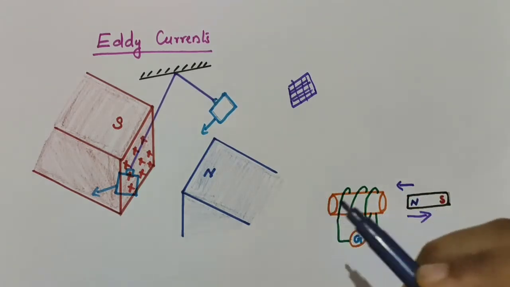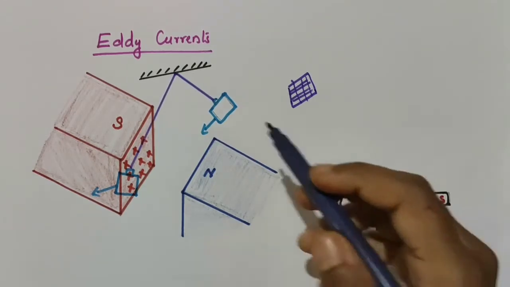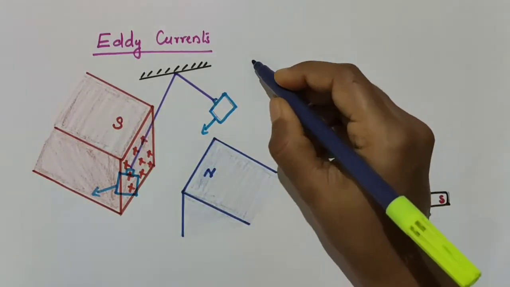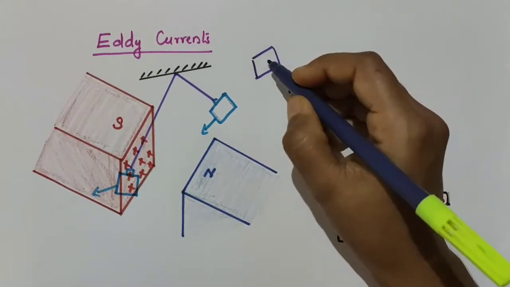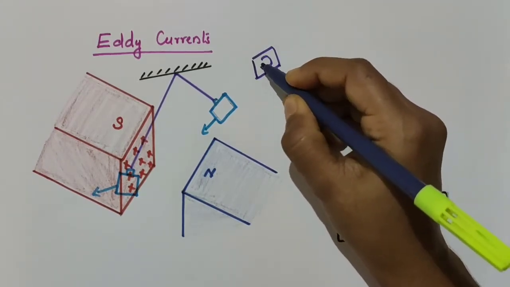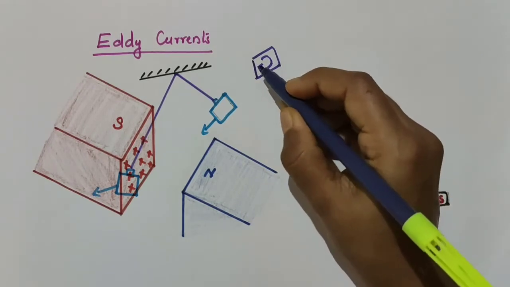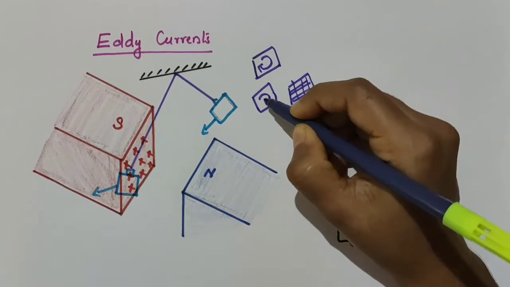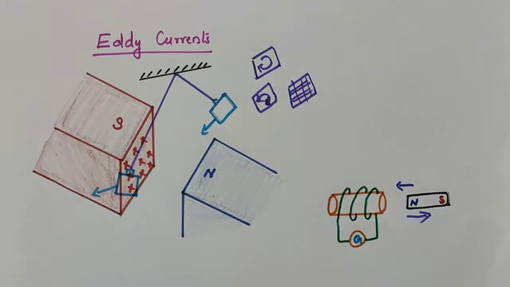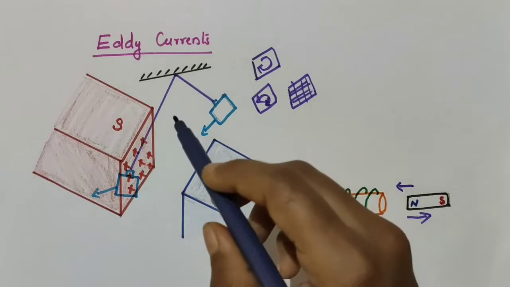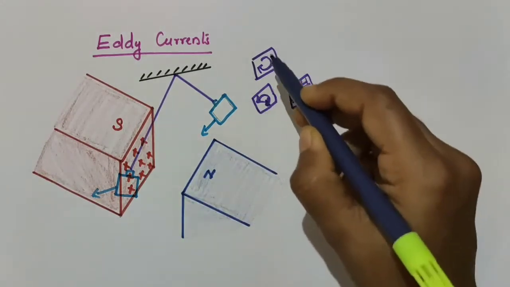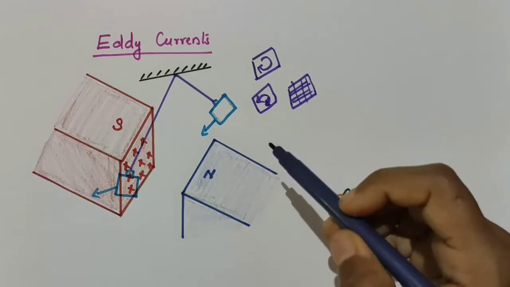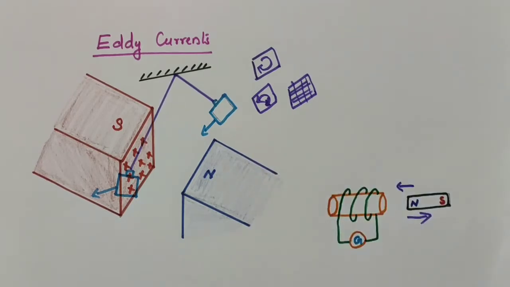They will have a circular path. That is, eddy current is a kind of circulating current. The current induced in this conducting plate will be a circulating one, sometimes in the clockwise direction, or it can be in the anti-clockwise direction. So eddy current is a kind of circulating current, which is produced due to the movement of a conducting plate in an external magnetic field.